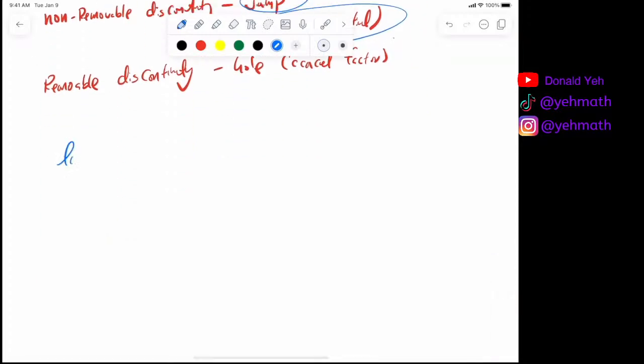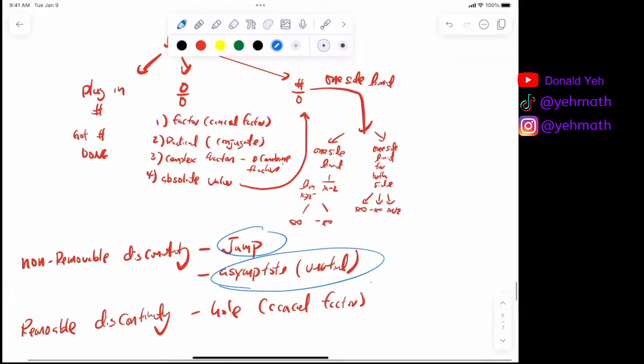So let's just say the limit as x approaches 2 from the left of 1 over x minus 2. What you're gonna do is plug in 2 before you're approaching 2. So if I plug in 2 in there, what will happen? 1 over 0. And if it's 1 over 0, that means there are 2 possibilities: you can be either negative infinity or positive infinity.